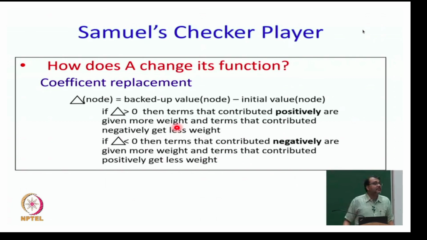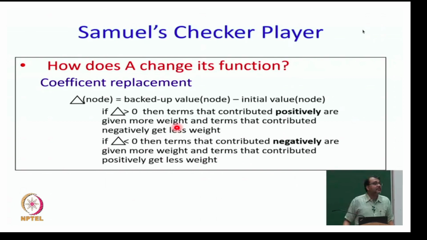If delta is less than 0, let's assume the reverse situation, then the terms that contribute negatively are given more weightage. If delta is less than 0, what does that mean? You can see the delta definition: backup value minus initial value. It is less than 0, which means the backup value is less than the initial value, right?